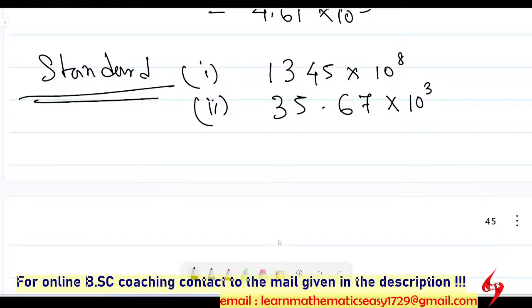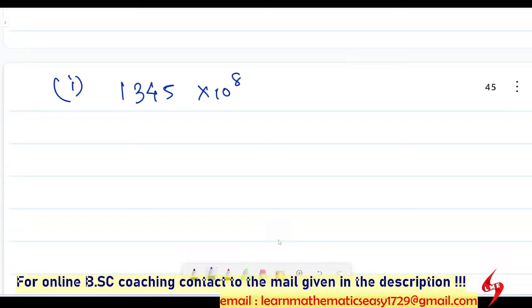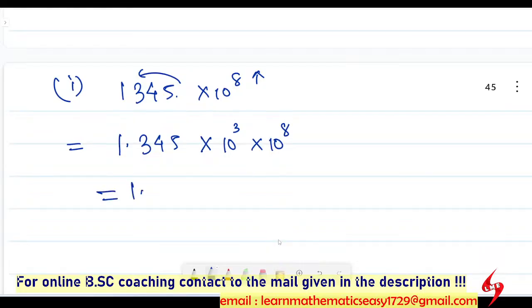So here the first number is 1345 into 10 to the power 8. Here the decimal will be shifted to the left side, so the power of 10 will increase. So 1, 2, 3 steps the decimal will shift, so the power will increase 3 times from 10 to the power 8, so the number will be 1.345 into 10 to the power 11.